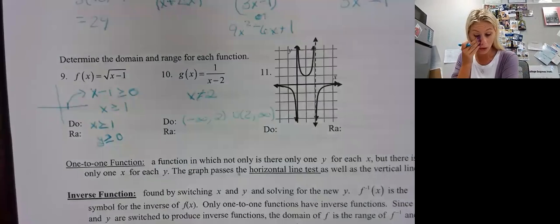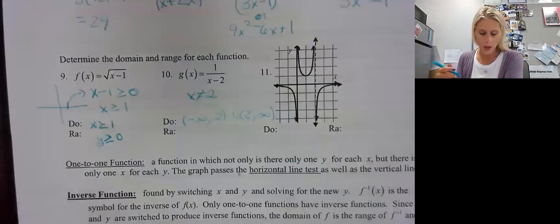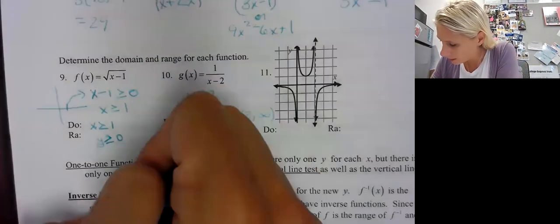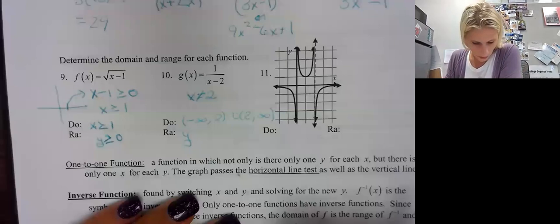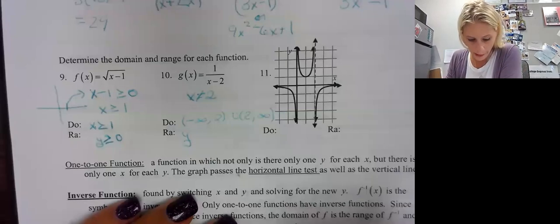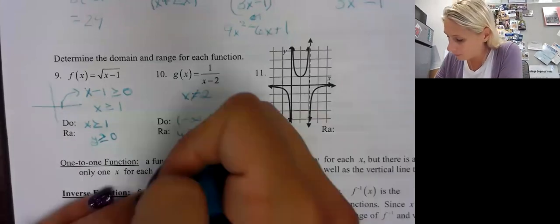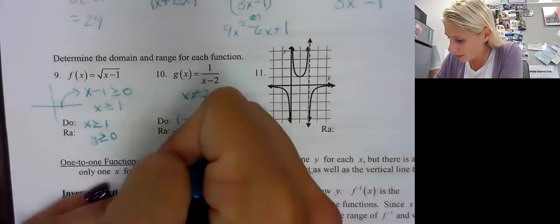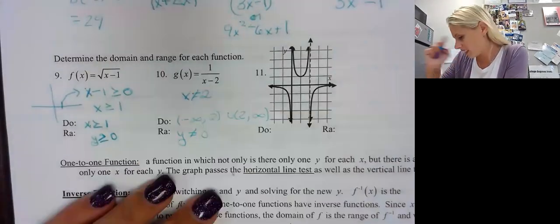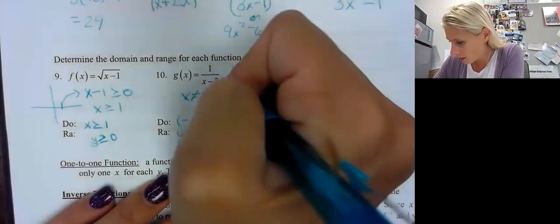All right, so then we got to think about y. What happens with y? Well, y cannot be 0. And we know this because of the rational function.